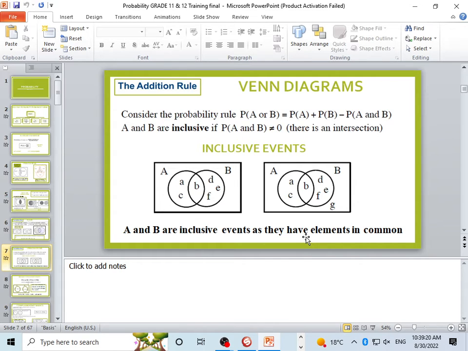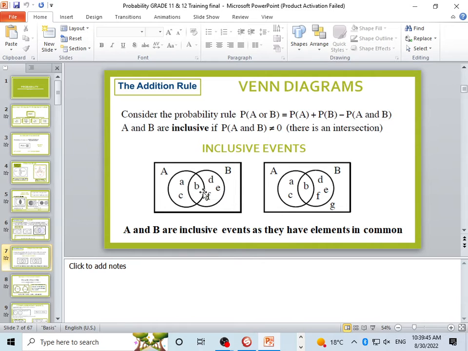Consider the probability rule. Probability of A or B is equal to the probability of A plus the probability of B minus the probability of A and B. Do you recognize this equation? This is the equation for inclusive, for the one where the two circles intersect each other. A and B are inclusive if the probability of A and B is not equal to 0.